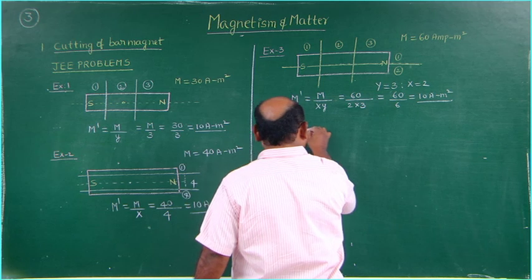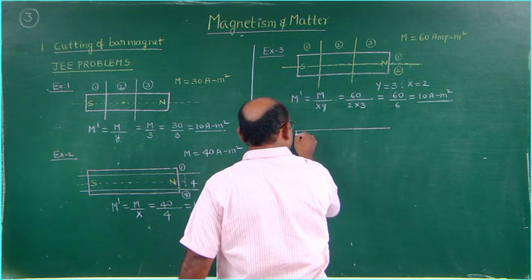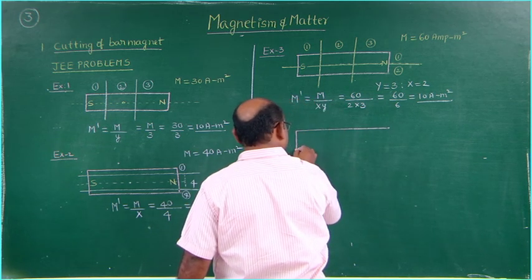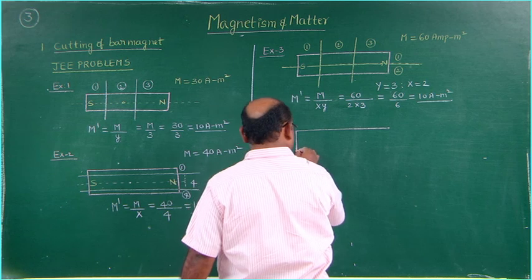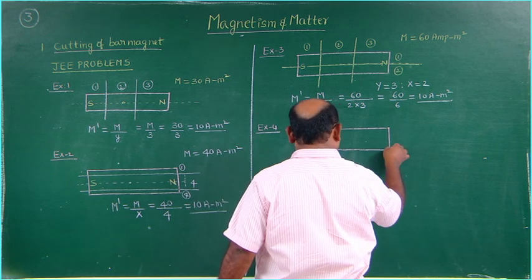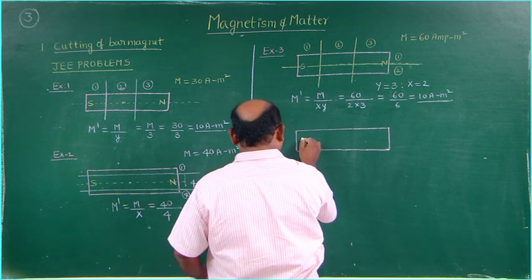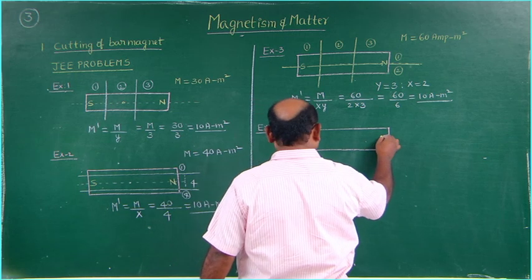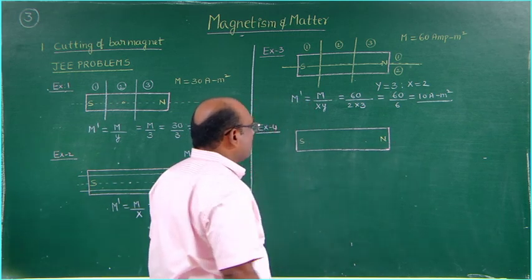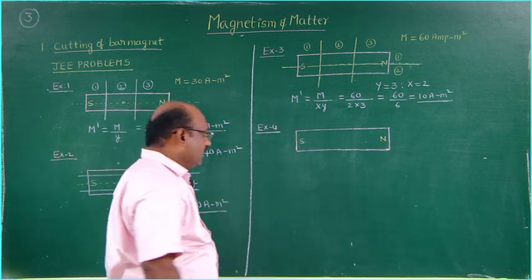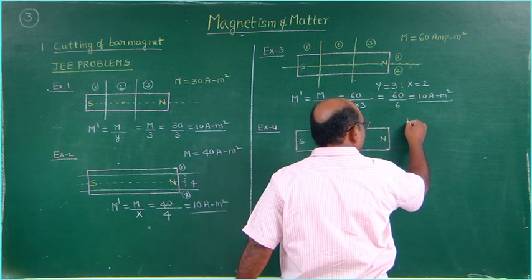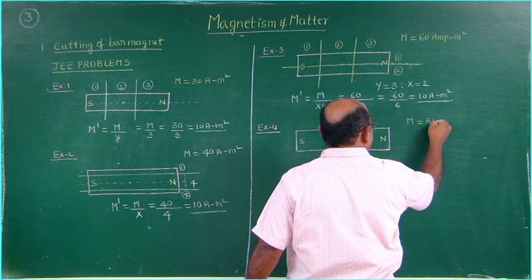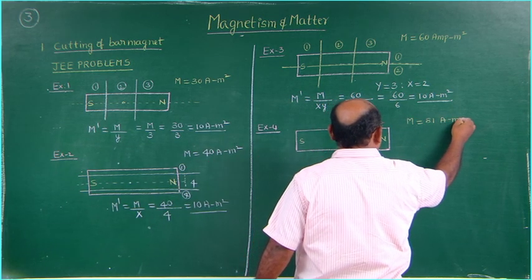Then example 4. See, this is the bar magnet with the south and north poles. The magnetic moment of this bar magnet is given as 81 ampere meter square.